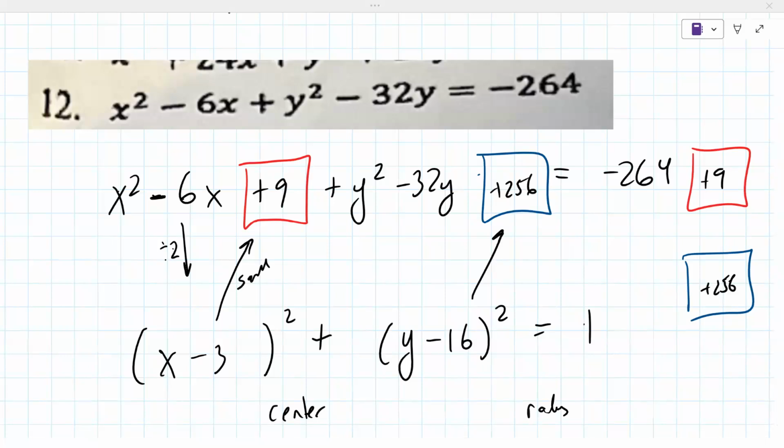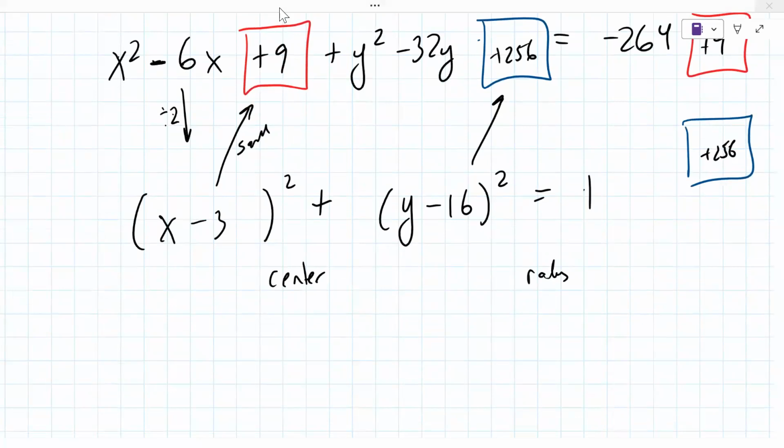Any questions? Whenever you get that, let's see if you have any questions how to find it. I mean, just like we've been doing H and K and R. So for x minus 3 squared, does that affect the final? Nope.